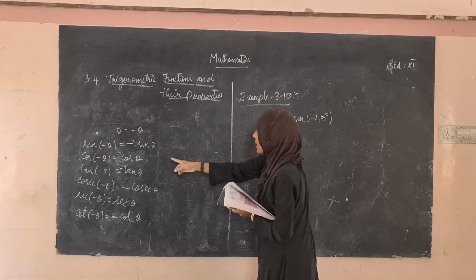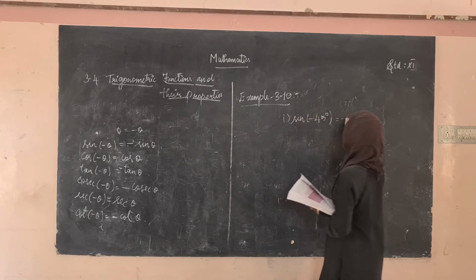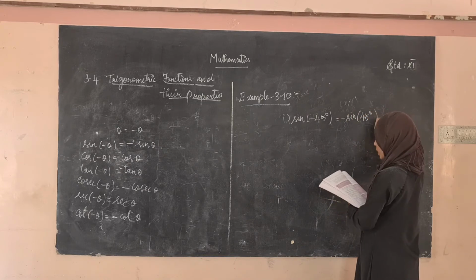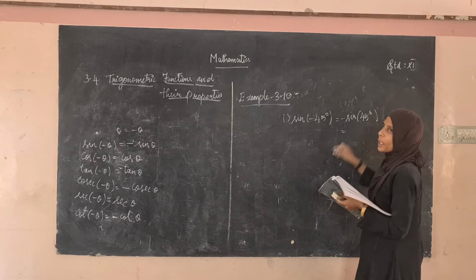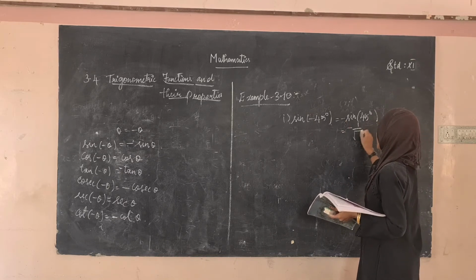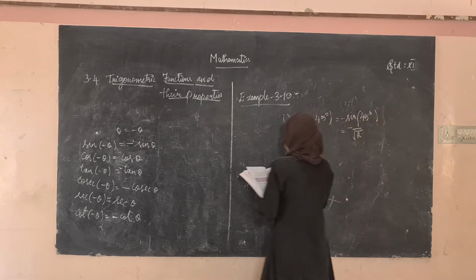We have seen here that sine of minus theta is minus sine theta, therefore minus sine 45 degree. What is sine 45? It is 1 by root 2. Therefore, with the minus, the answer is minus 1 divided by root 2.